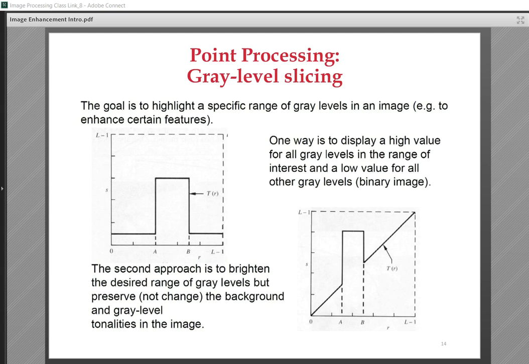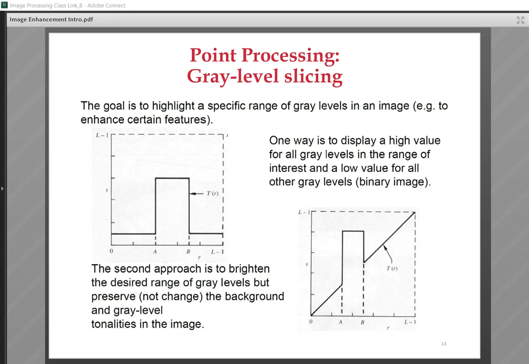That means the input gray level is transformed with no change to the output gray level. But for gray levels between A and B, we have more brightness, brighter, but fixed.